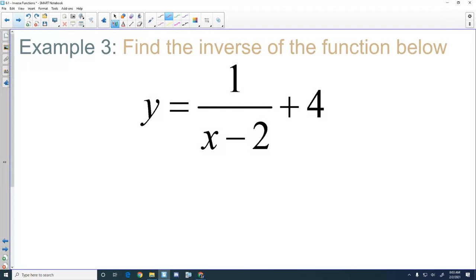Just take a minute, swap the x and the y, and just take your time canceling out each piece one at a time.